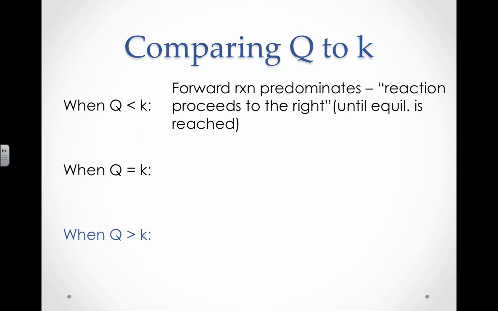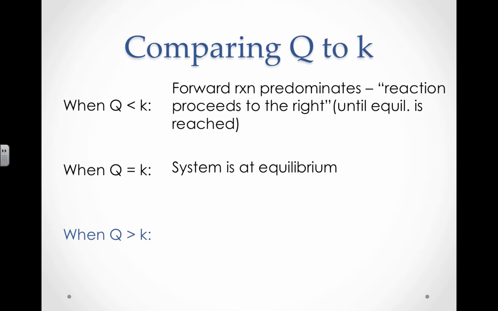And so the forward reaction will proceed, or it'll go to the right, until equilibrium is established, until we have enough product, which is in our numerator, and have gotten rid of some of that reactant that was in our denominator.